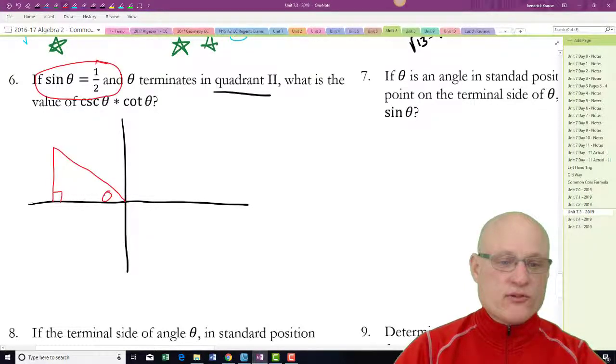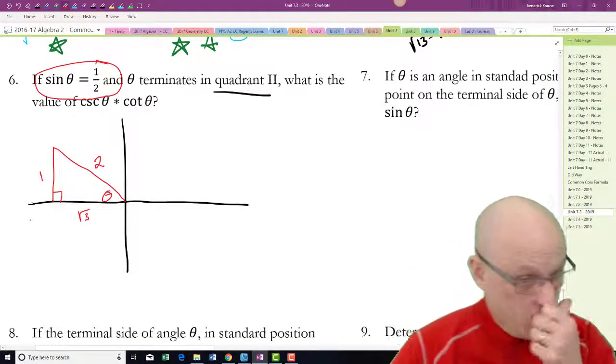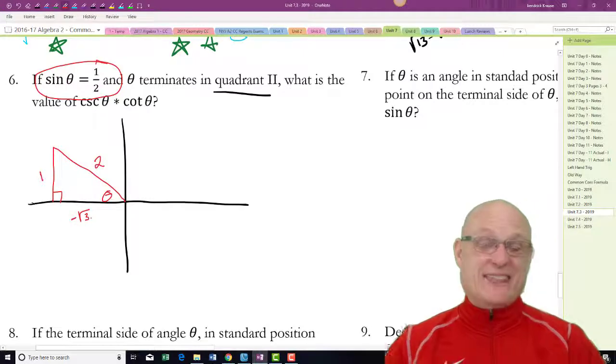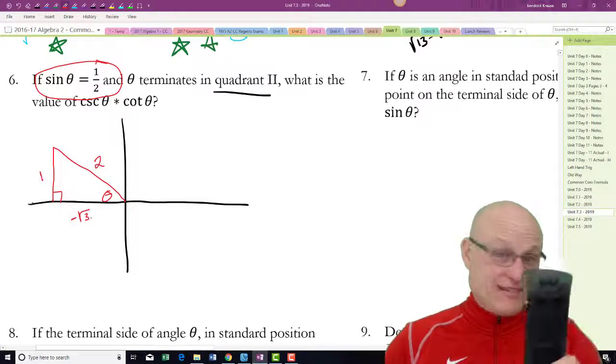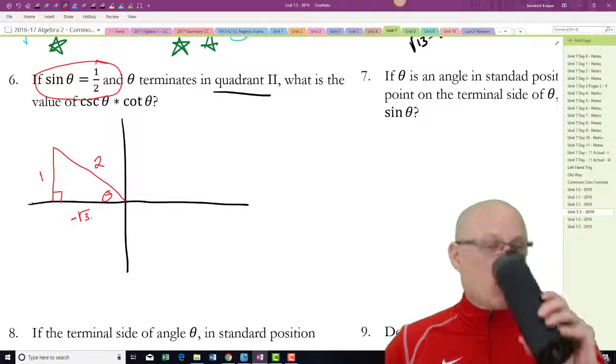Now remember, sine is opposite over hypotenuse. Well, don't we know this one's the square root of 3? Because that's that 2, 1, and square root of 3 reference triangle we should really have down now. Okay, so we're in good shape. Wait a second, though. This one's got to be negative. Signs are going to kill you. Remember how I told you signs are going to crush you in Algebra 2? Got to be careful with them.